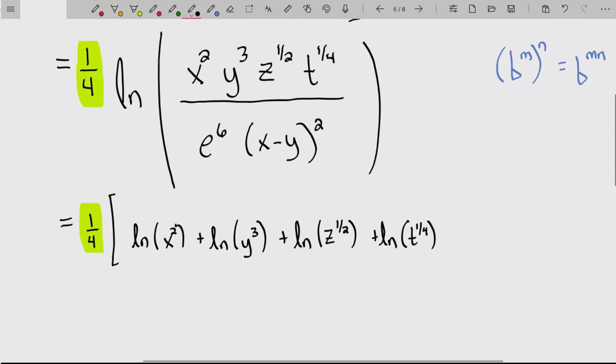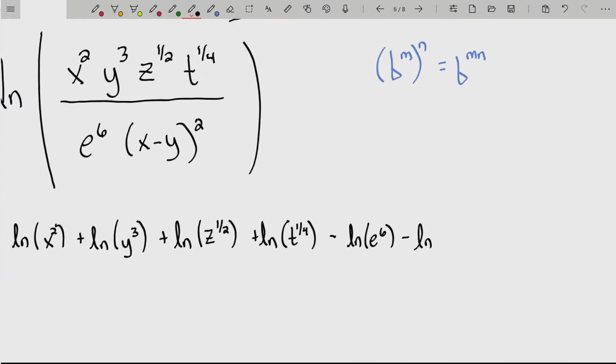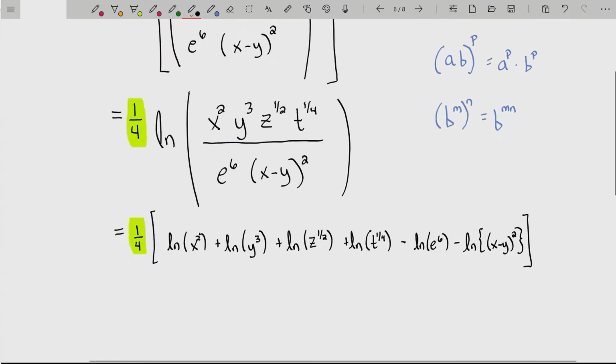So minus the natural log of e to the 6th minus the natural log of the quantity x minus y, quantity squared. And this is all within this big old bracket.